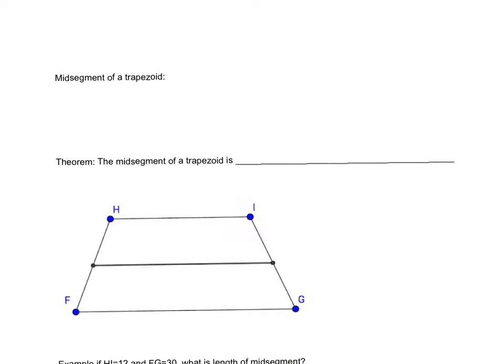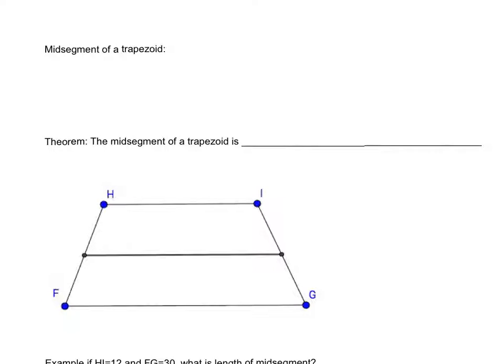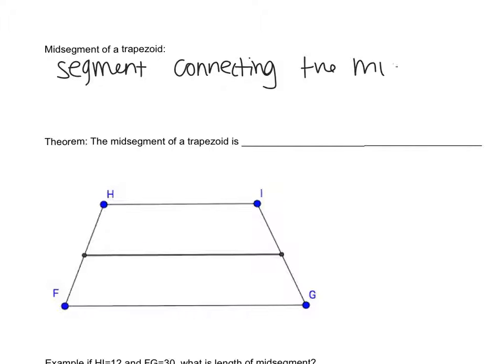So next we're going to talk about the midsegment of a trapezoid. The midsegment of a trapezoid is the segment connecting the midpoints of the non-parallel sides.